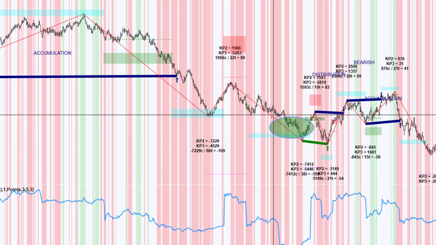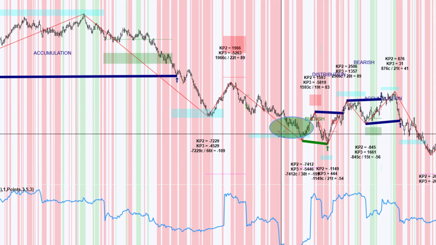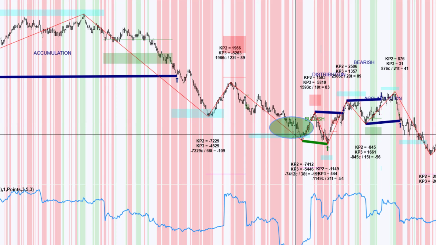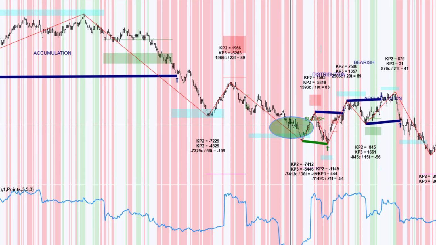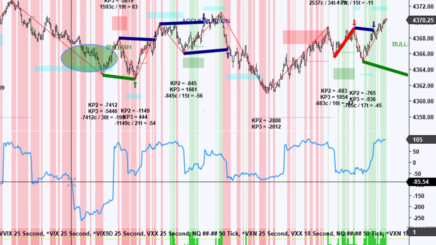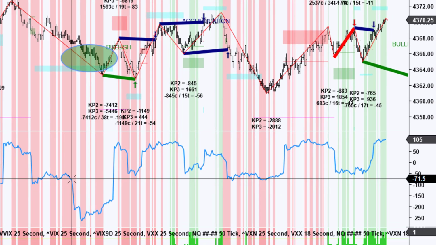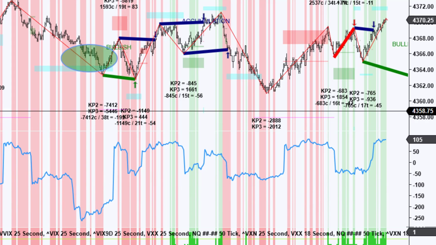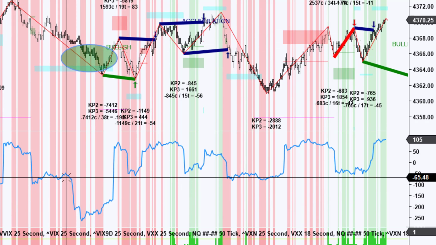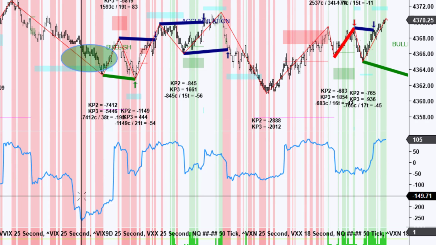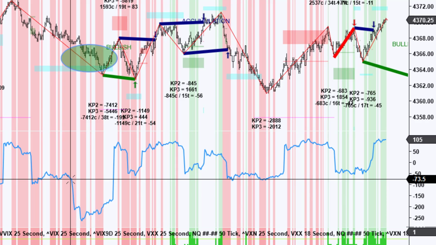So how do you identify on ZoneTraderPro what is an Iceberg order or what is going to be the Iceberg order? The most important indicator to me is the KP2 ratio indicator found down here. As I've talked about in prior videos, as price is going down right here, we see that the ratio is going down.